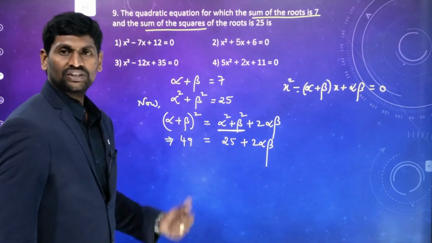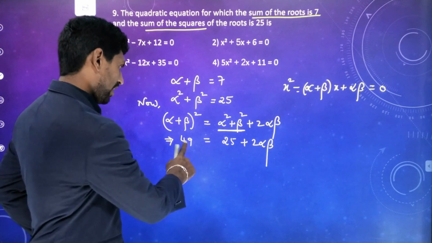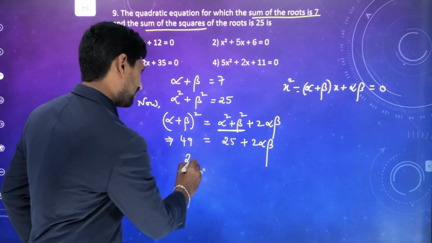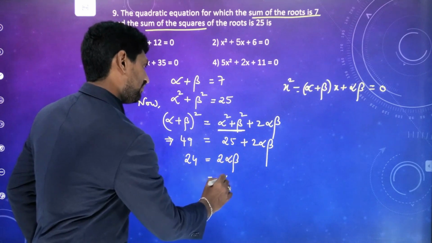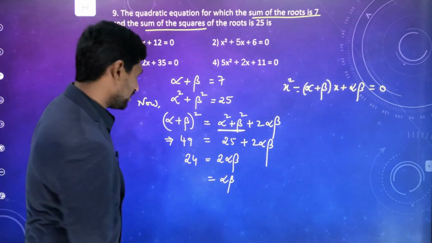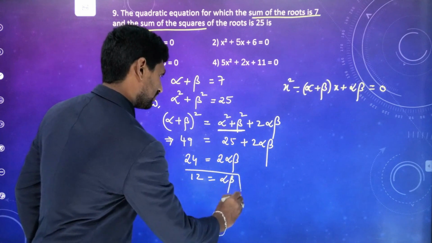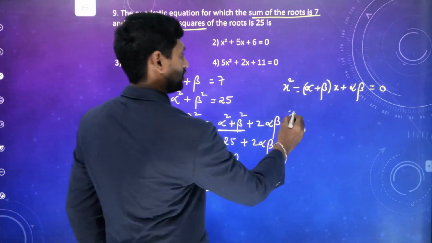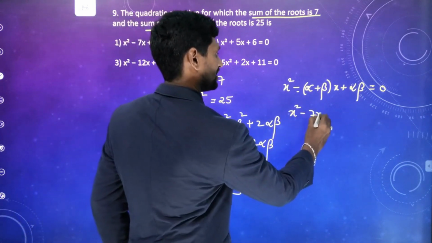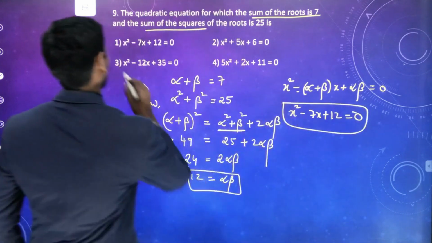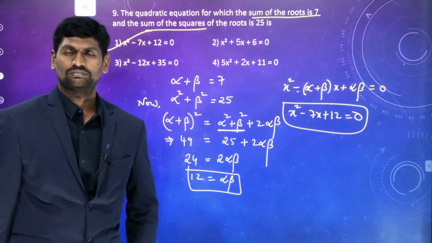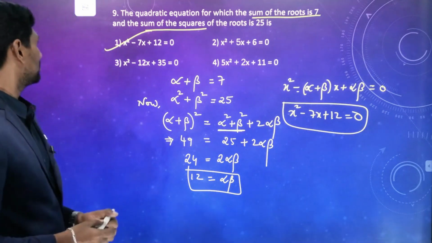Plus 25 transposed this side becomes minus 25. 49 minus 25 is 24. 24 equals 2 alpha beta, then alpha beta value is 24 by 2, nothing but 12. Substitute in the equation. So it will be x square minus 7x plus 12 equal to 0. Same option 1. Good.